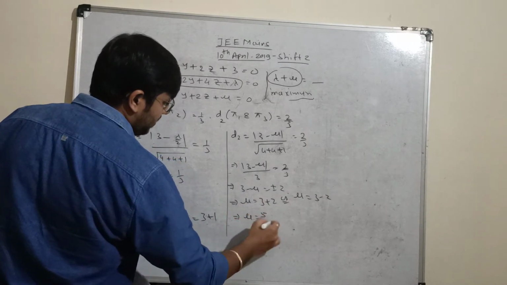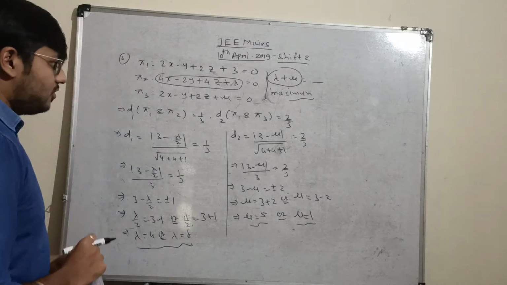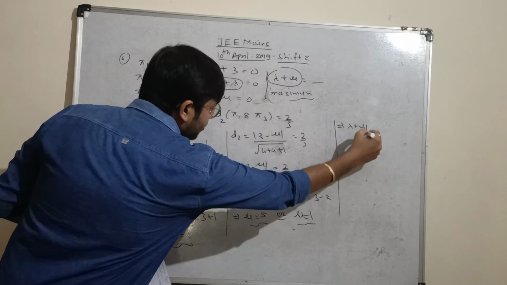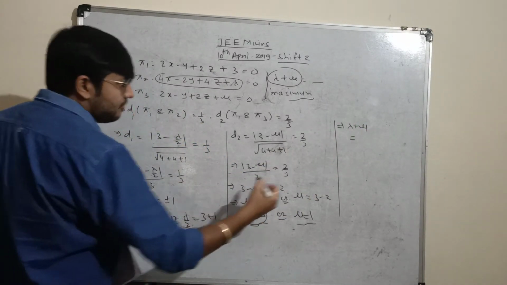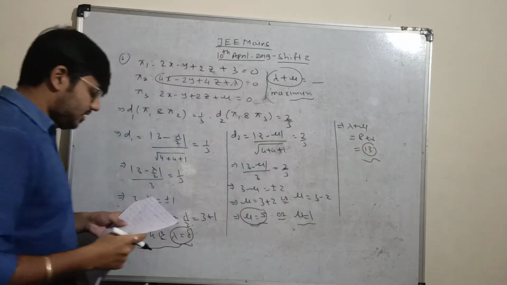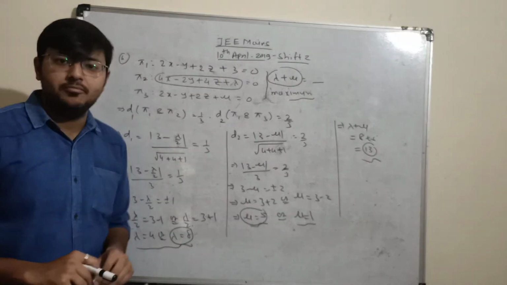So either I have mu equals 5 or mu equals 1. So if I want the maximum of lambda plus mu, it must be maximum for lambda equals 8 and mu equals 5. So it will be 8 plus 5 equals 13. This is your answer. That will be the maximum value of lambda plus mu.